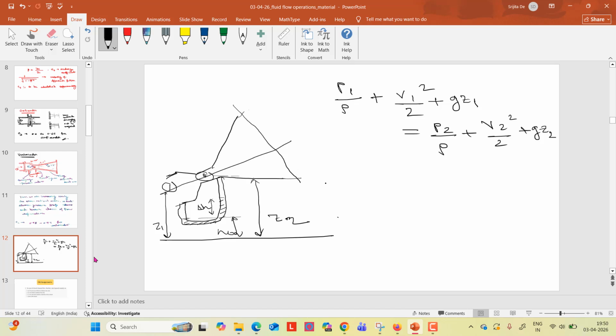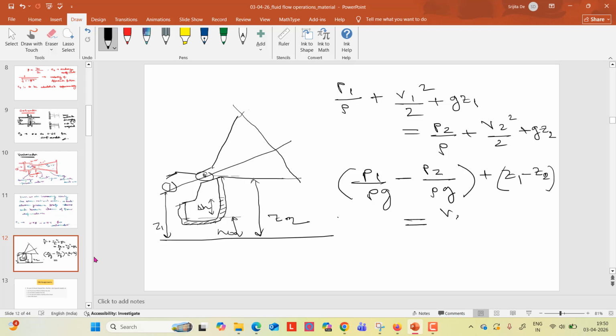So now P1 by rho G minus P2 by rho G plus Z1 minus Z2 equals V2 square by 2G minus V1 square by 2G. Now we'll just rearrange this.